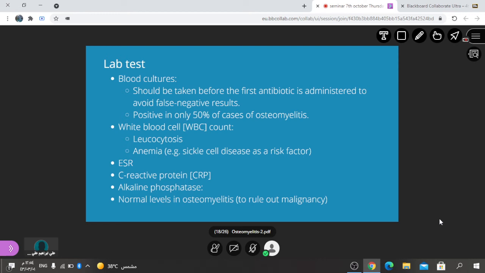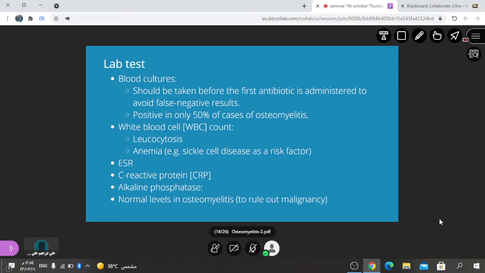ESR and C-reactive protein are very good to test, very sensitive, but not specific for osteomyelitis. Alkaline phosphatase may be taken if there is suspicion of malignancy, since it can be increased in malignancy but is normal in cases of osteomyelitis. This is what we have about the lab tests.